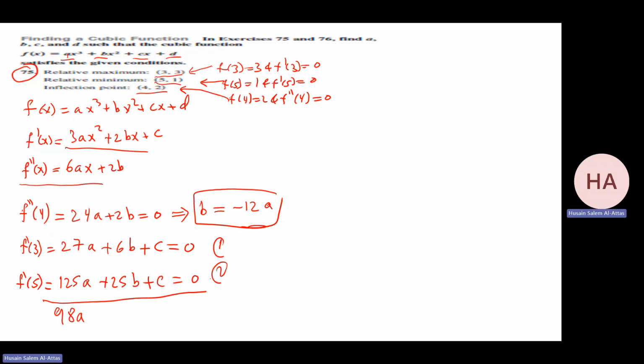This plus 16b, not 19, plus 16b equal to 0. That will not help. Why? That means a equals b equals 0.